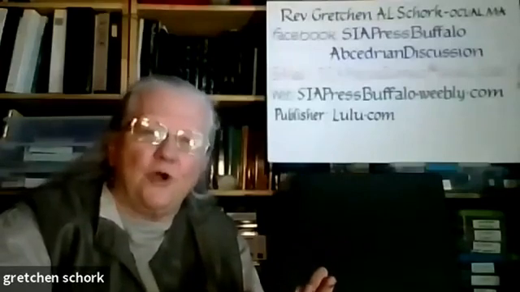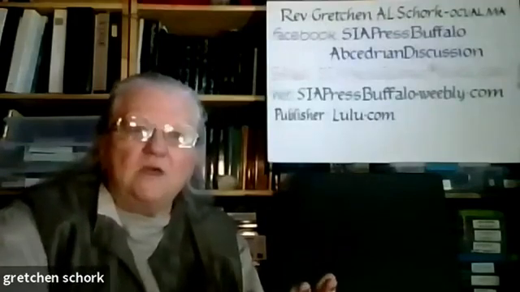Now, once you have your word, you put it on the grid of the planet. The grid is determined by the number of the planet. 3, Saturn. 4, Jupiter. 5, Mars. 6, Sun. 7, Venus. 8, Mercury. 9, Moon. 10, Earth.